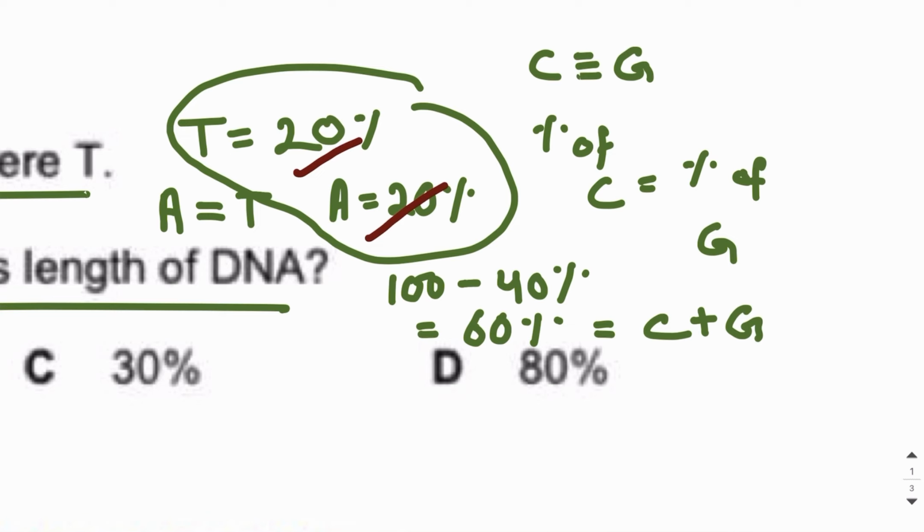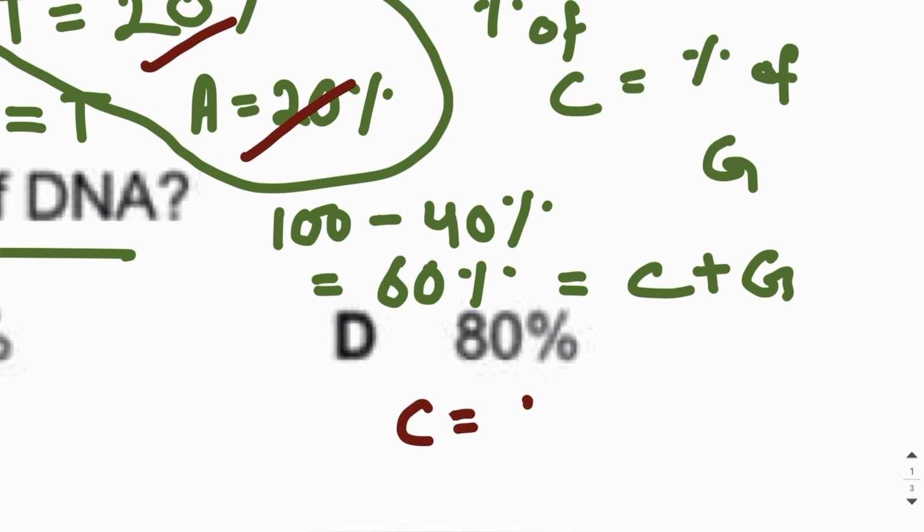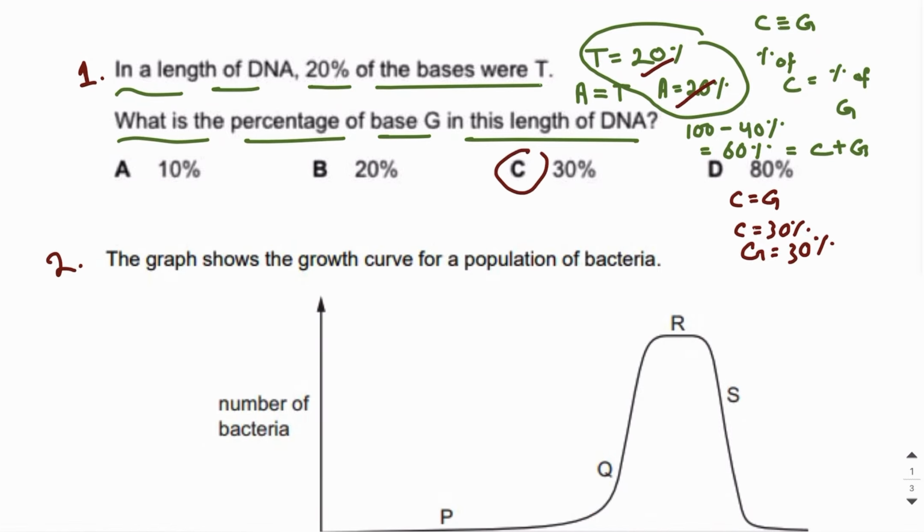This makes up the 40% of the DNA. So the remaining 60% of the DNA will include C and G. So C plus G is equal to 60%. Because C is equal to G, this means that C is 30% and G is also 30%. So the answer is C, 30%.